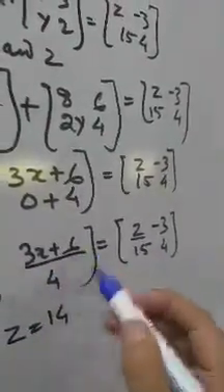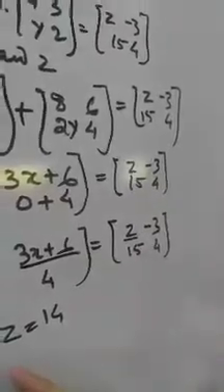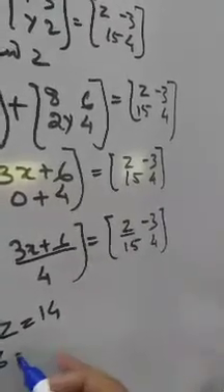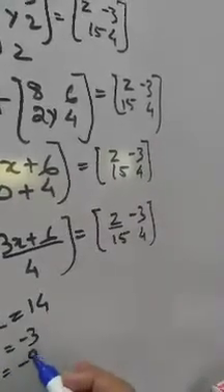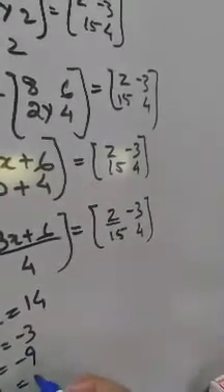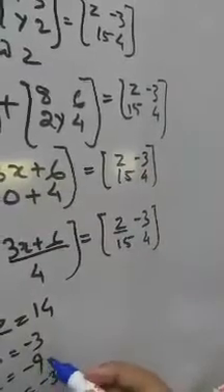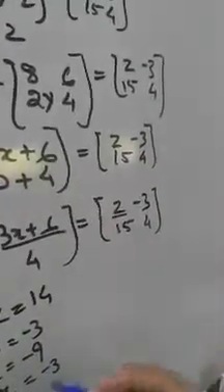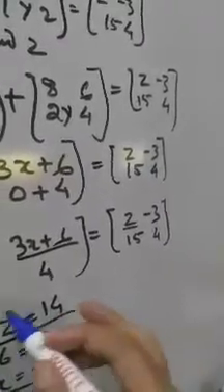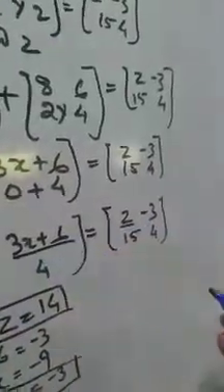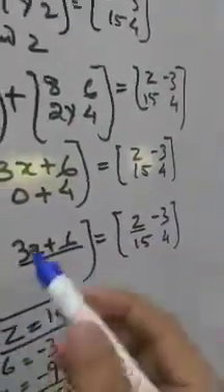Then first row second column element, 3x plus 6 is equal to minus 3, so 3x is equal to minus 9, x is equal to minus 9 divided by 3, so x is minus 3. So x is equal to minus 3, and z is equal to 14. Then I have to get y.